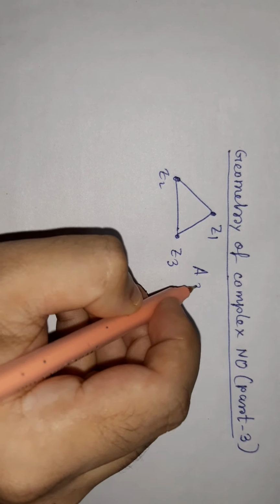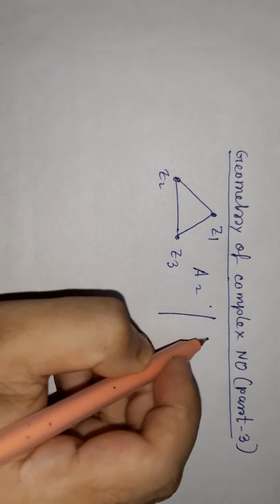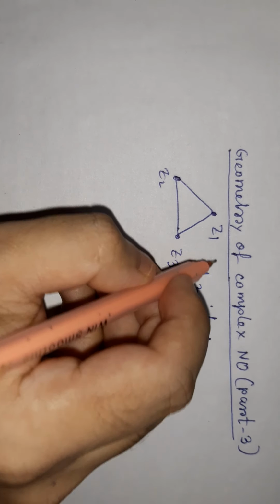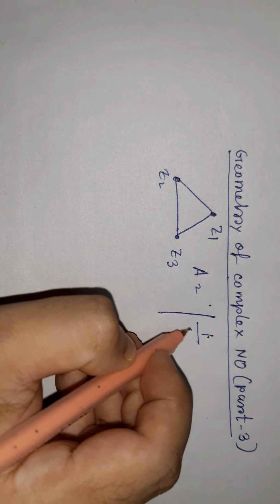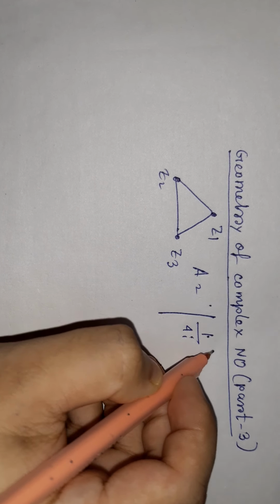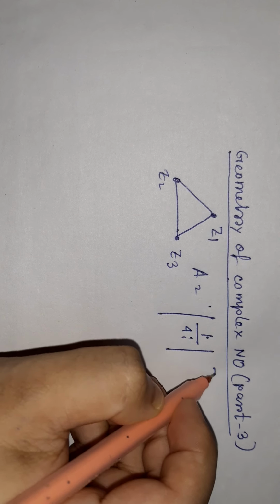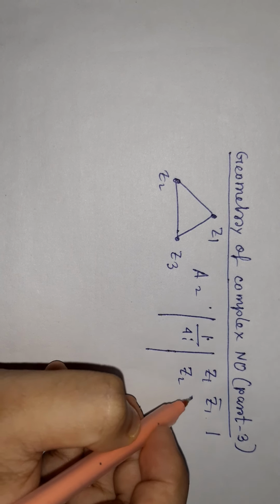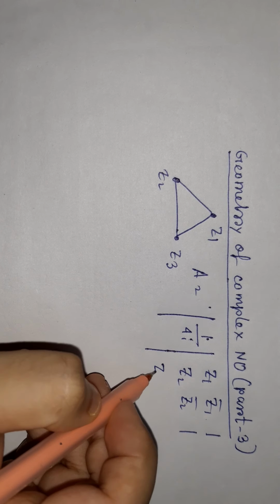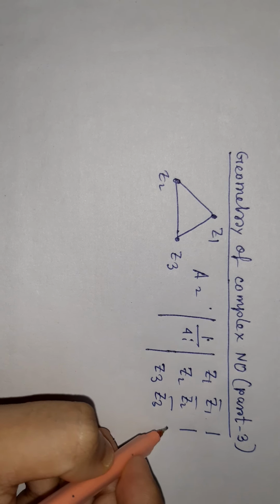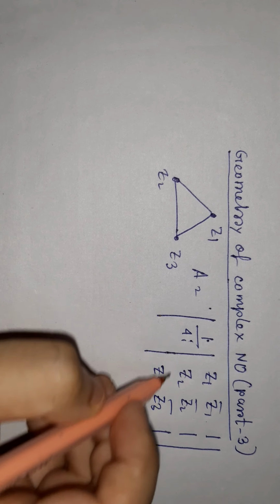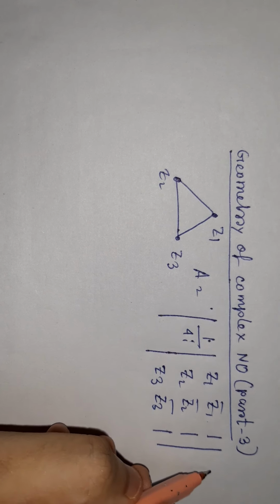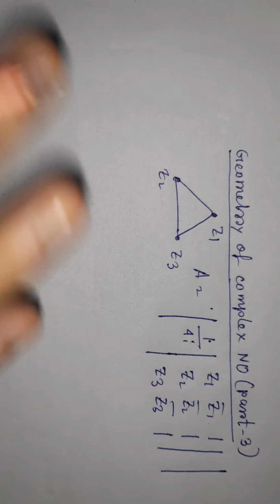Then the area will be the modulus of a determinant of these complex numbers. It will be 1 by 4i times the determinant of z1, z1 bar, 1; z2, z2 bar, 1; z3, z3 bar, 1. Take the modulus of it.